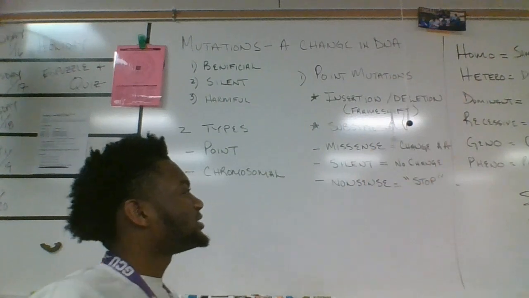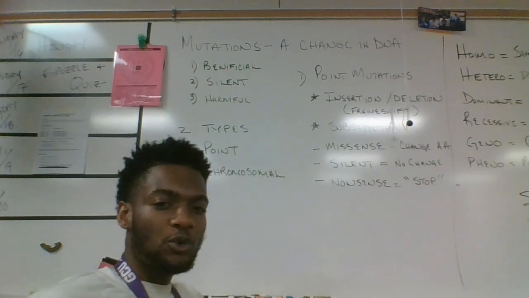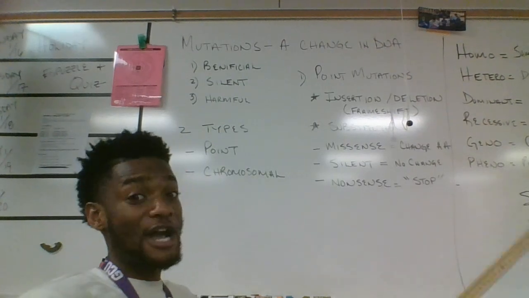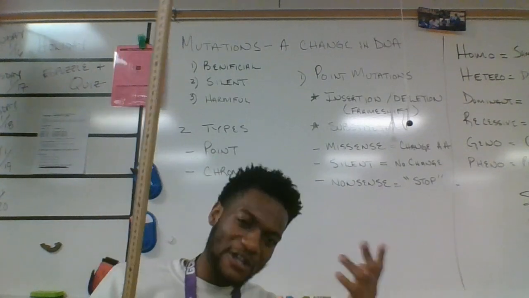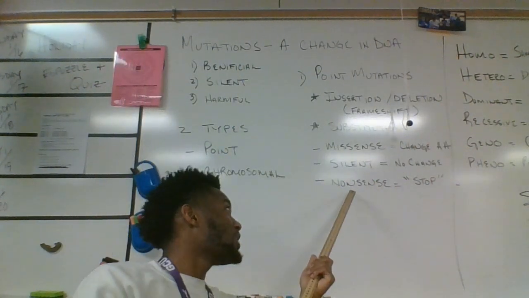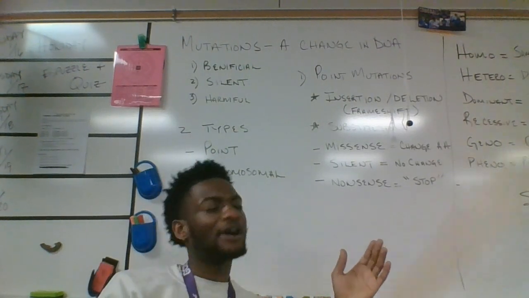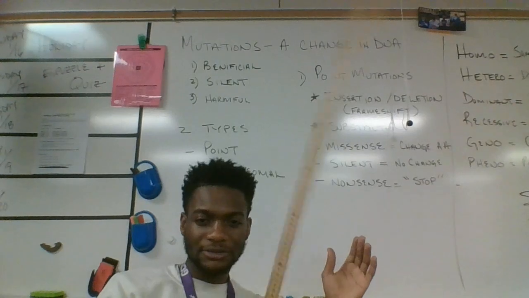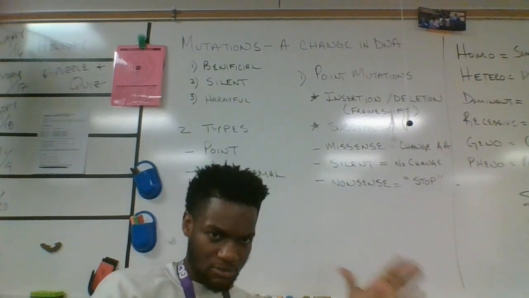The third one is called a nonsense. Nonsense. What do we do when somebody starts speaking nonsense? 9 times out of 10, you tell them, be quiet, shut up, stop talking. It's the same principle here. When we have a nonsense mutation, it's any mutation that lines up and codes for the word stop. It's going to tell you stop. This is a nonsense mutation.